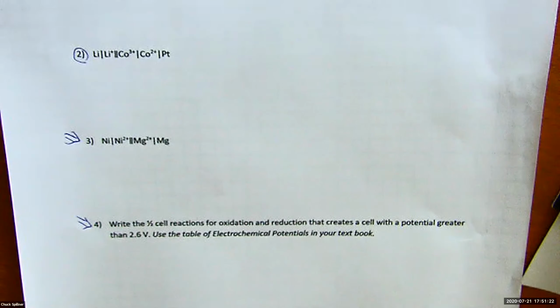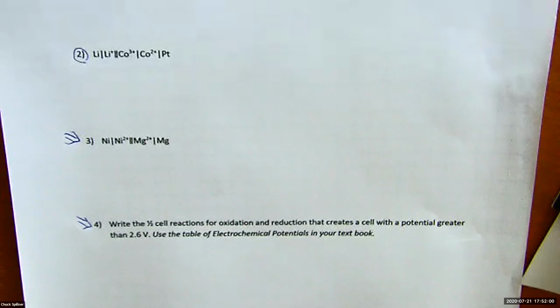And remember what's going on at the cathode is reduction. Now a good reaction at the anode might be zinc. The zinc reduction potential, remember, was minus 0.776. That means the cathode would just have to be 2.6 minus 0.776, I think it was.